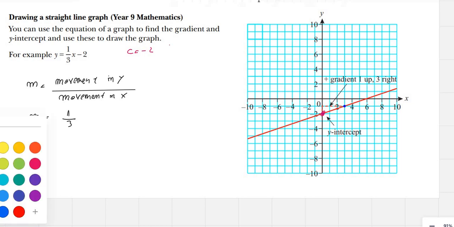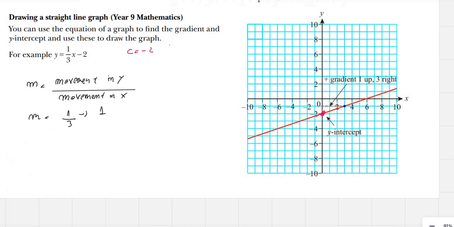Okay, for example, m is 1/3. So you will move 1 up and 3 to the right. Okay, from where? From one of the points that you already know. In this case, if c is minus 2, from this point you will move 1 up and 3 right.